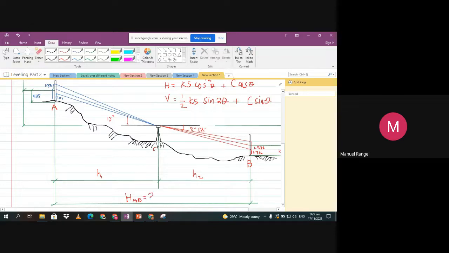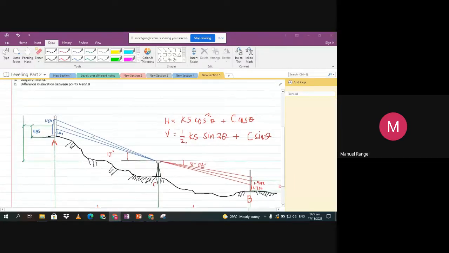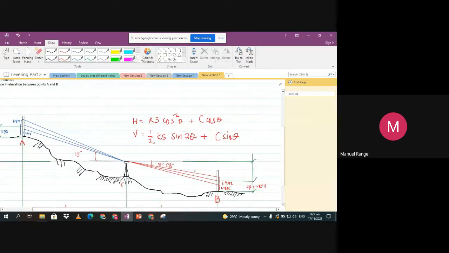So usually more on ano naman na triangles. So the vertical distance is from the horizontal to the middle rod reading. So this is the vertical one, and the vertical 2 from the horizontal to the middle rod reading.